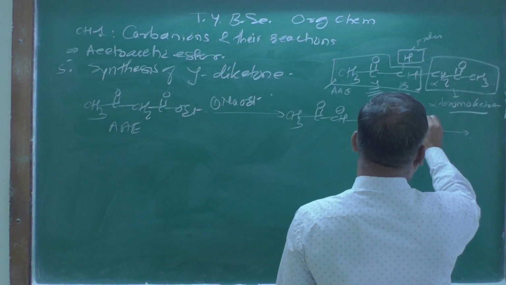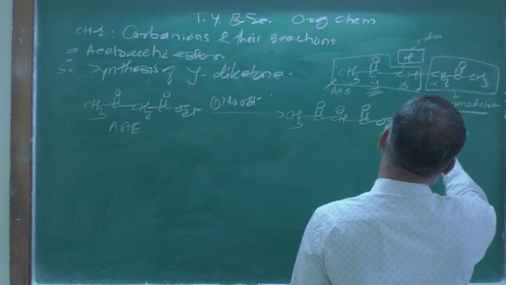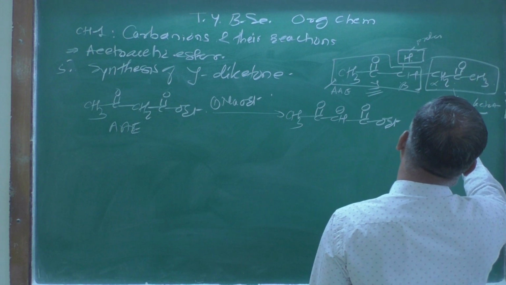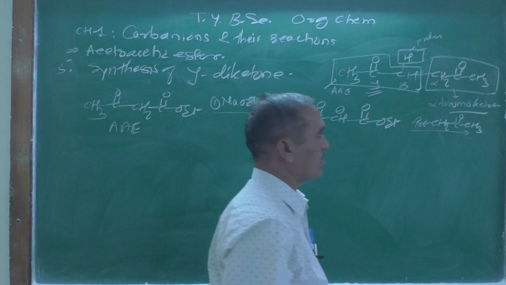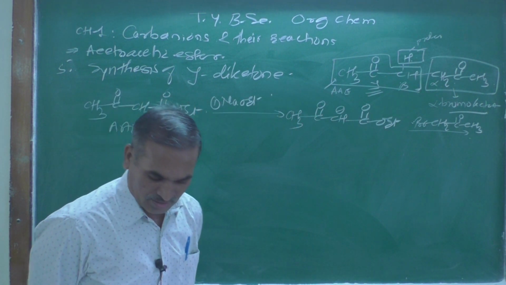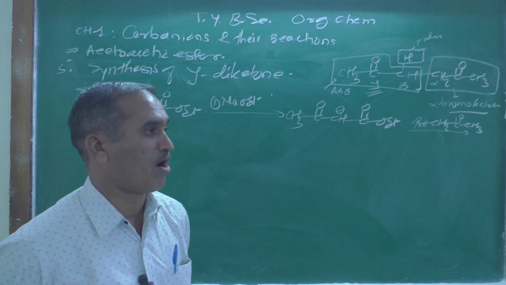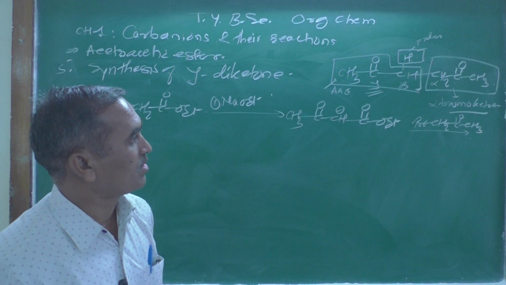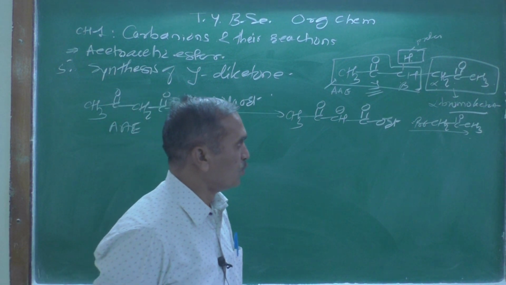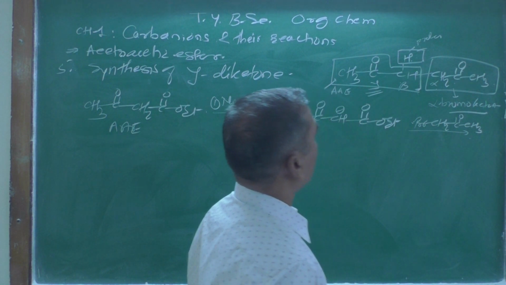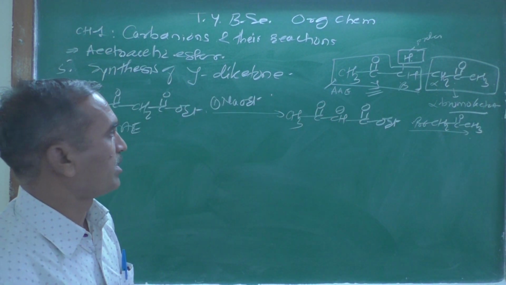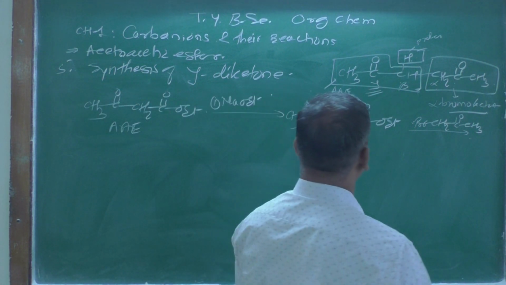Now here you can use Br, then CH2, then C double bond O, CH3, right? If we use alpha bromoketone instead of alkyl halide, we can get our desired product.